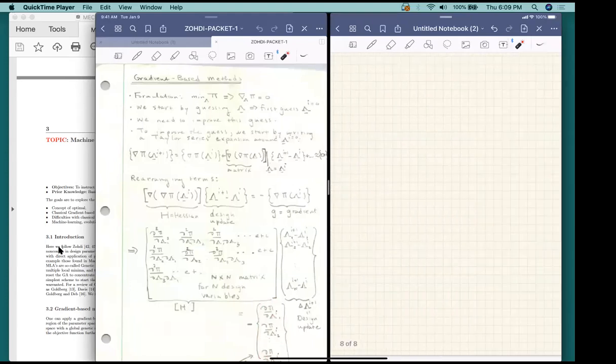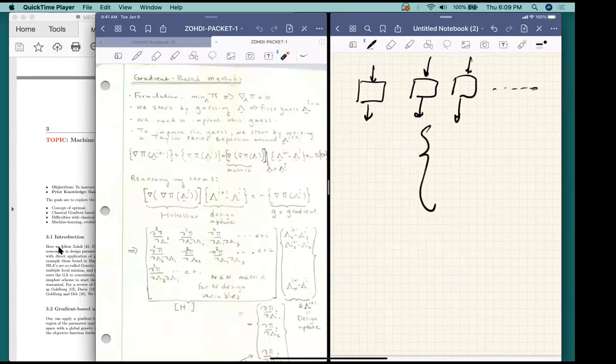So I have to run the code, run it with parameter perturbations, do this over and over again, et cetera, to construct the approximation of G, which is the partial of pi with respect to lambda 1, partial of pi with respect to lambda 2, all the way down to partial of pi with respect to lambda n.